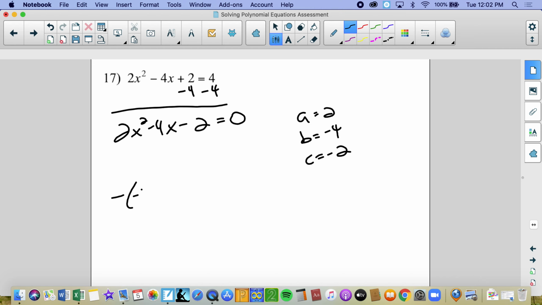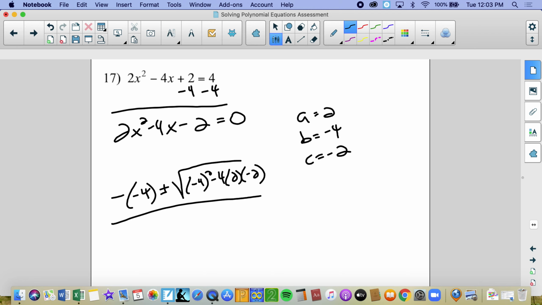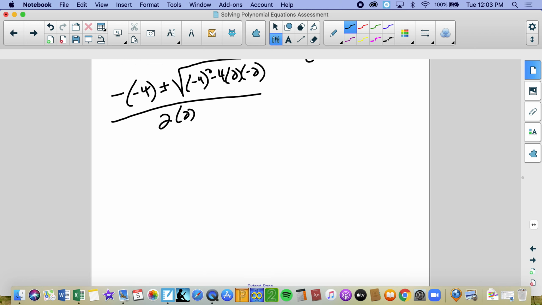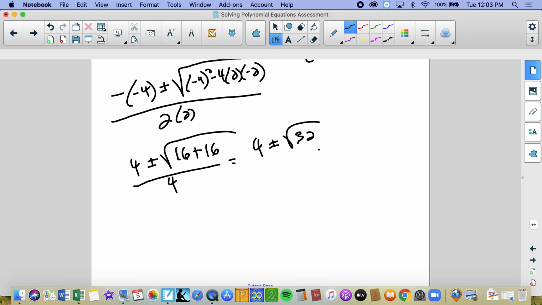Opposite of B, plus or minus the square root of b squared minus 4 times a times c, all over 2 times a. You get 4 plus or minus the square root of 16 plus 16, over 4. 4 plus or minus rad 32 over 4.